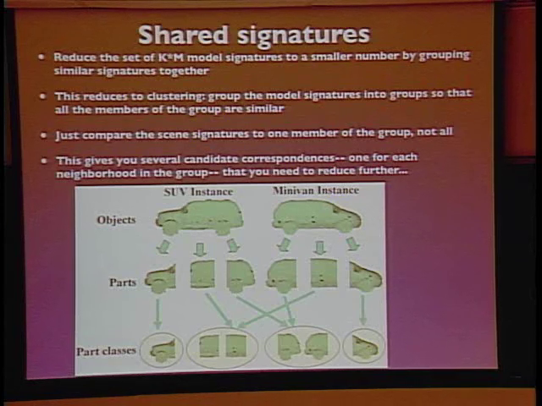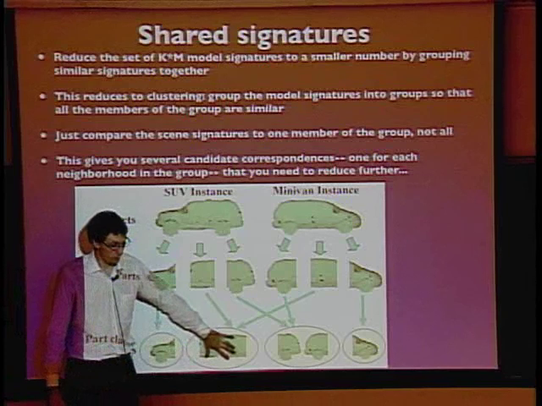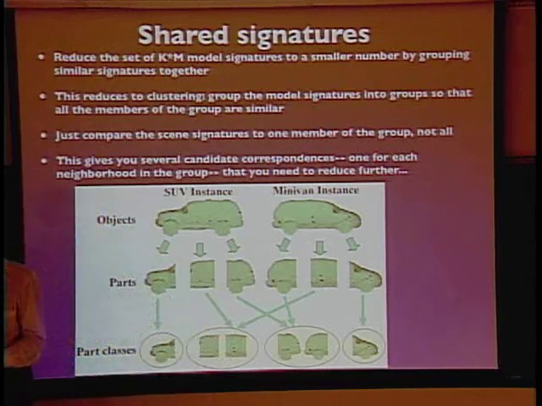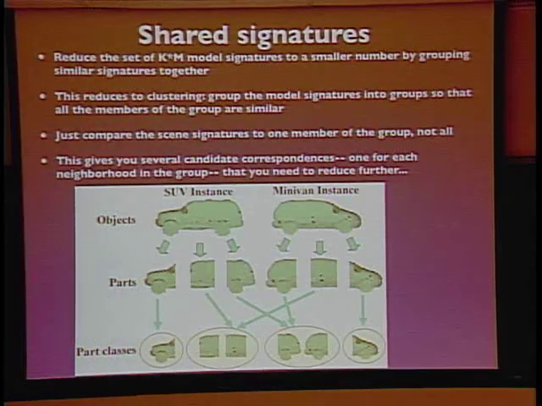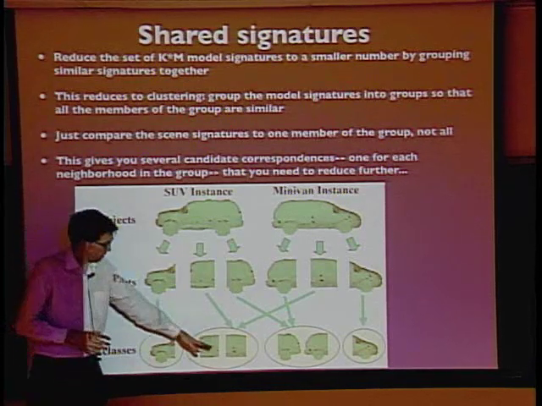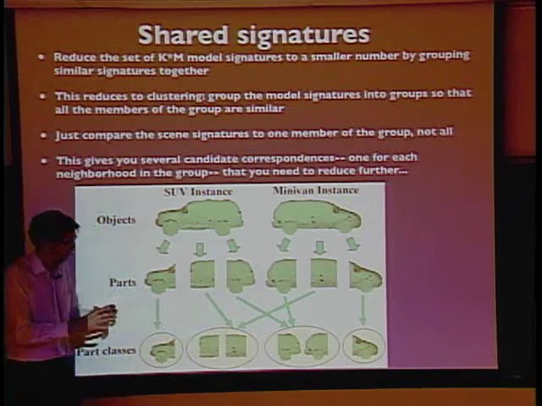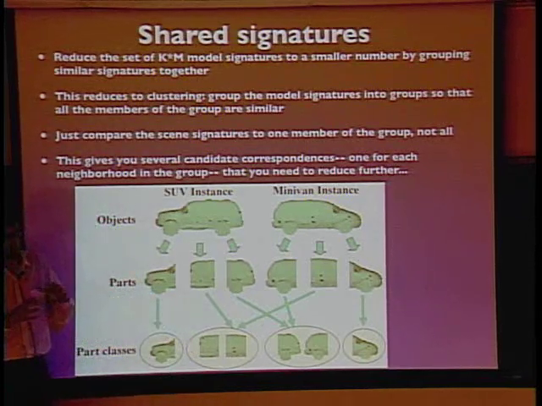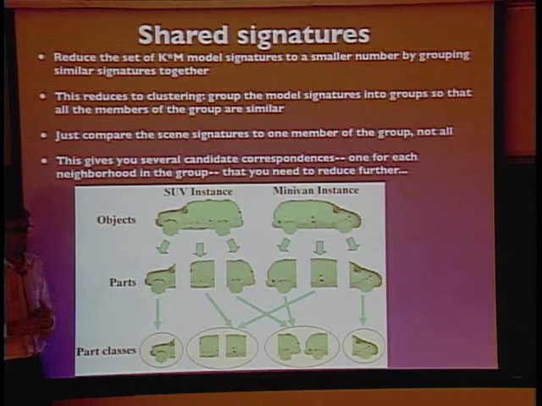And so then what you would do is try to refine that further by saying, well, okay, if there's a big cluster of middles correspondences in one location in the scene, then I'll assume that that's a middle of something, and then compare each minivan middle shape signature to those. If there's a large set of middles correspondences to one location in the scene, and there's one front end correspondence in the middle, maybe you can weed that one out, and so on.